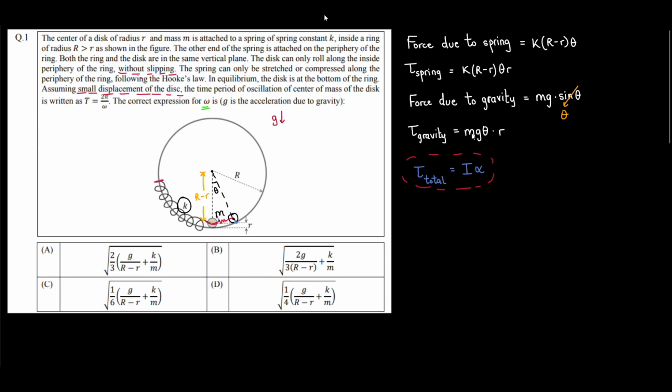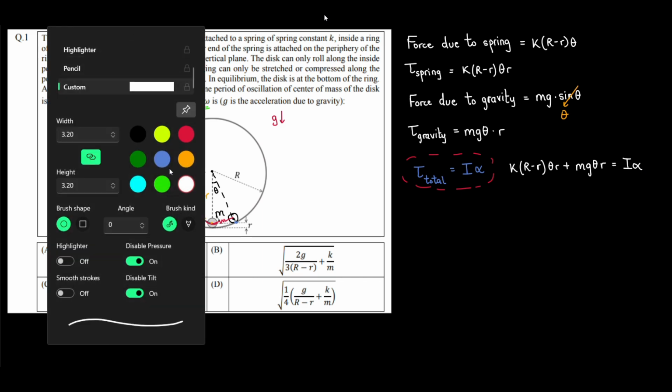Now we can replace the torque total as torque spring plus torque gravity. So we can write k into (R minus r) into theta into small r plus mg theta into r is equal to I alpha.